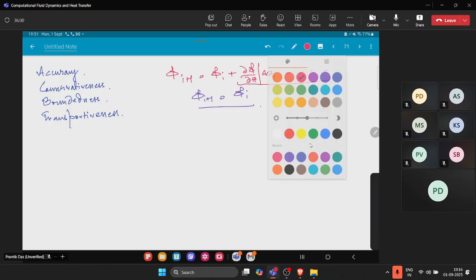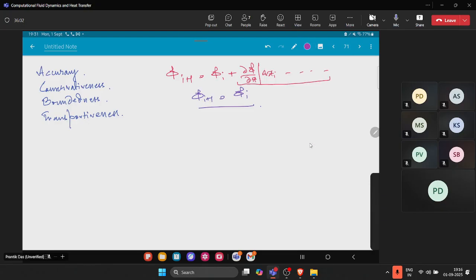So this is first order accurate, because the truncation error is a function of delta xi. If it's a function of delta xi square, then it's called second order accurate. This is what I discussed in the previous class.